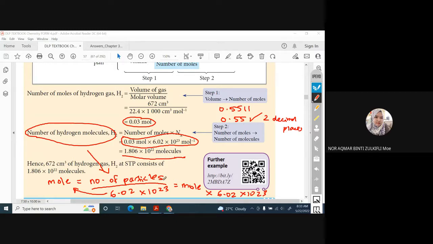But for number of particles, it is a special case. Remember, for number of particles, you must put 3 decimal places. This is a special case only for number of particles.